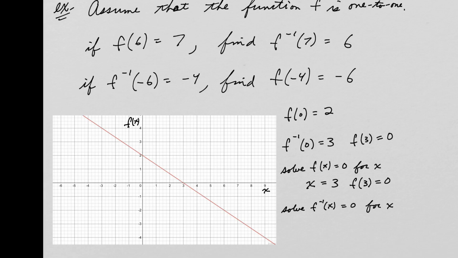Well, when the input is 0, the output is 2, right? So if I do f inverse of 2, that gives me back 0. That's the same thing as saying f of 0 should give me 2. So f inverse of 2 should give me 0. So in this case, x is equal to 2.